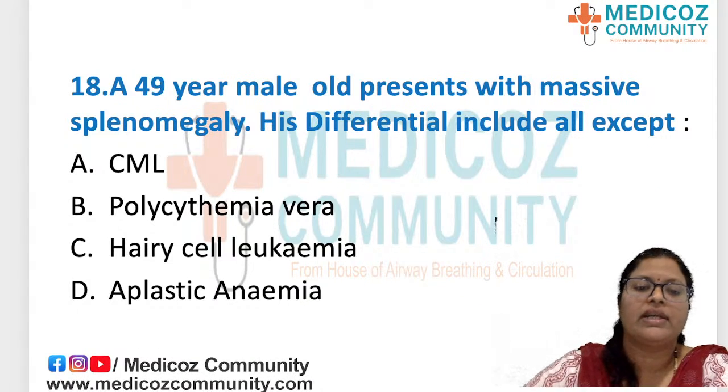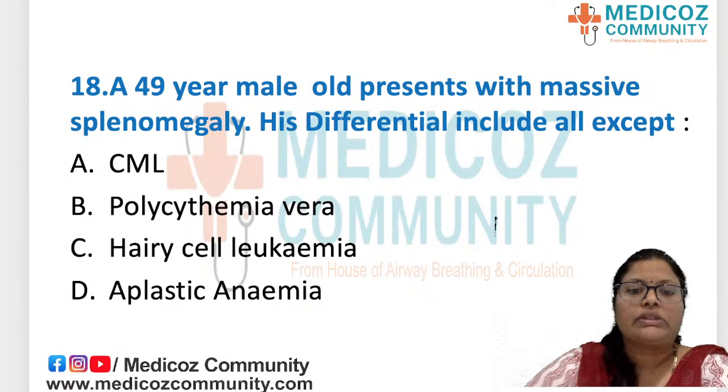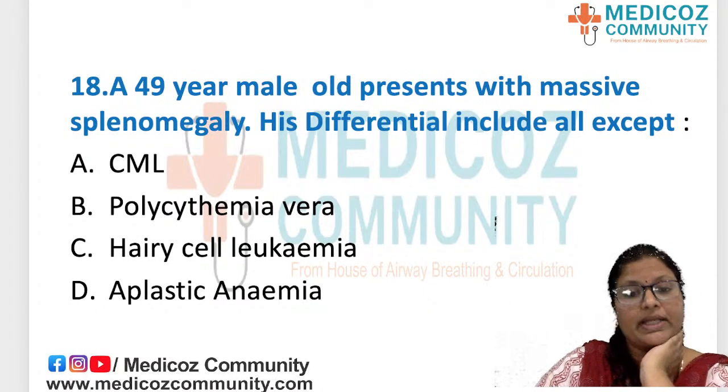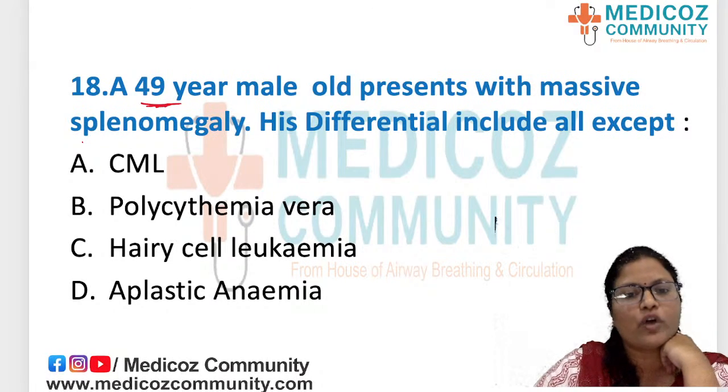Let's move on to the next question. This is question number 18, a very simple question. A 49-year-old male is presenting with massive splenomegaly. His differentials include all except, so you have to mark the false answer.